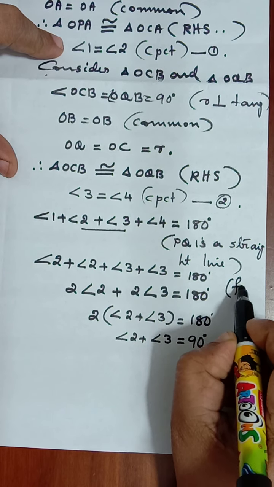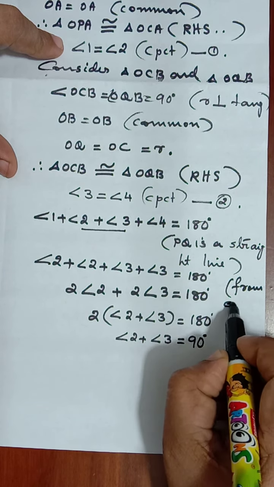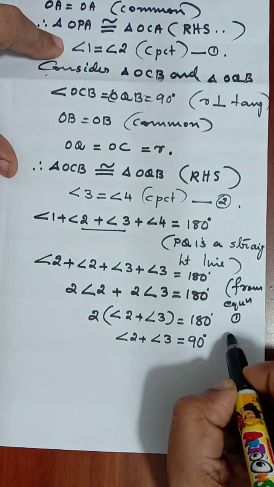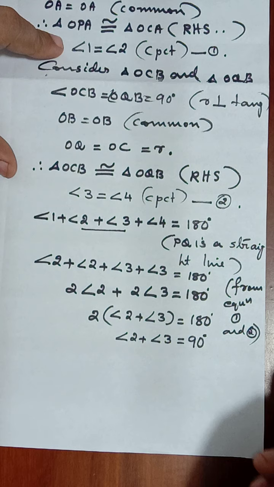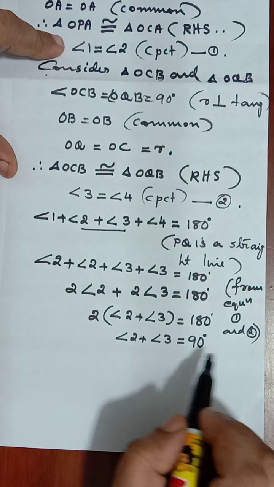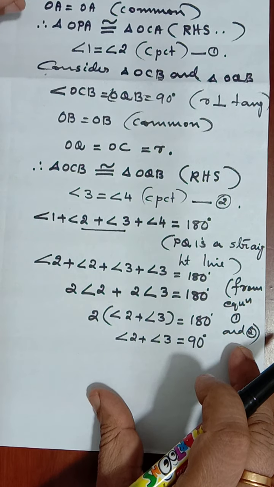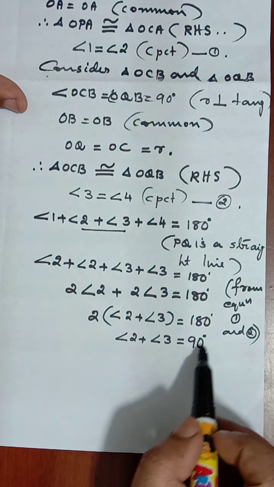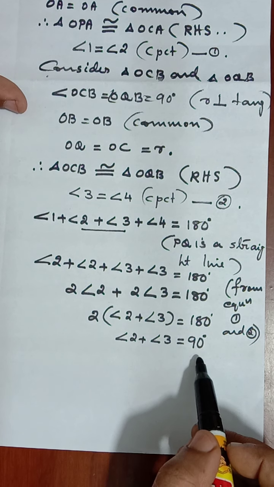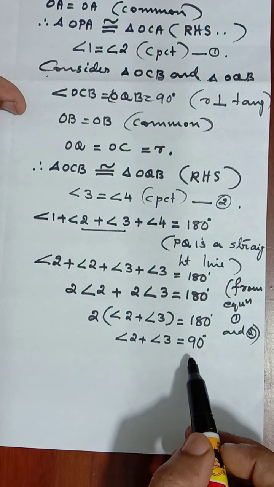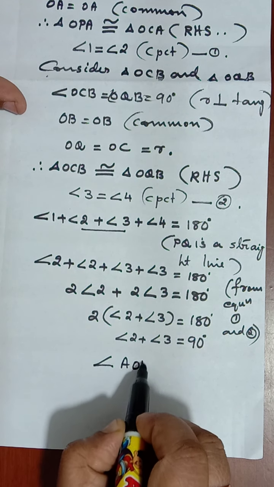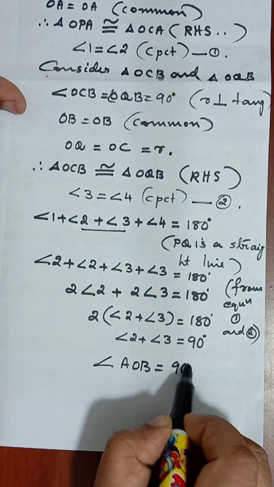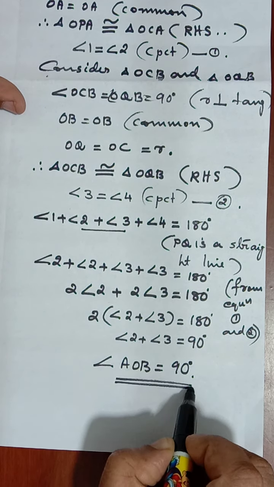It is from equation 1 and 2. That is the reason. So 2 times (2 plus 3) equal to 180. By dividing by 2, we get 2 plus 3 is equal to 90. Angle 2 plus angle 3 means angle AOB is equal to 90 degree. Very simple to prove.